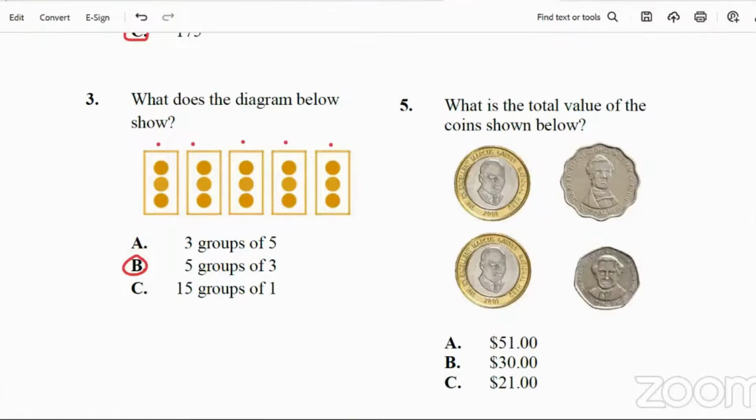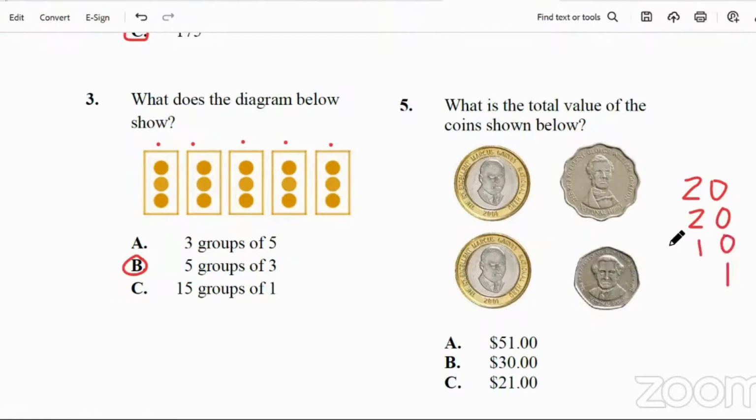So question 5, what is the total value of the coins shown below? All right, so we have 2 $20 coins, a $10 coin, and a $1 coin. So 20, another 20, $10, and $1.